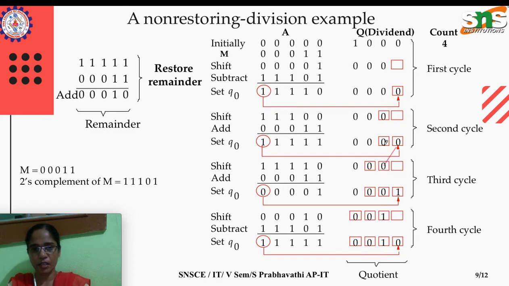Each and every time you need to decrement the count, till the count reaches 0. It's quite simple when compared to the restoring algorithm, where we need one extra step. So here it is either subtraction or addition based on the sign bit. Again the sign bit is 1. So we repeat, take the algorithm back.